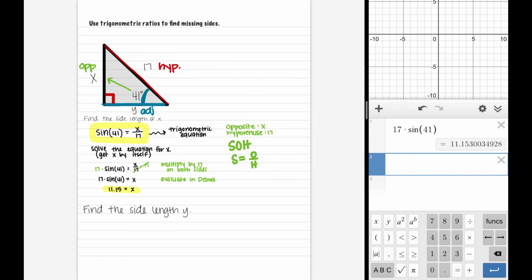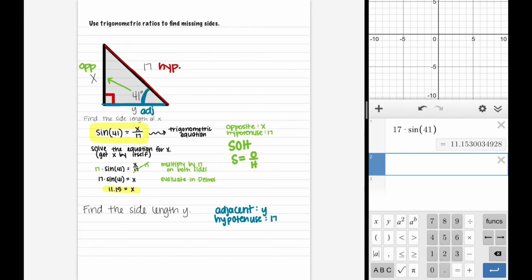So since we know the adjacent and we know the hypotenuse, we have to think about which trig ratio does that represent.